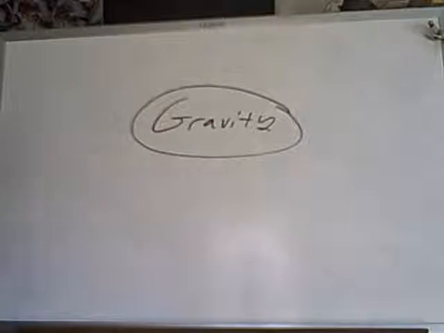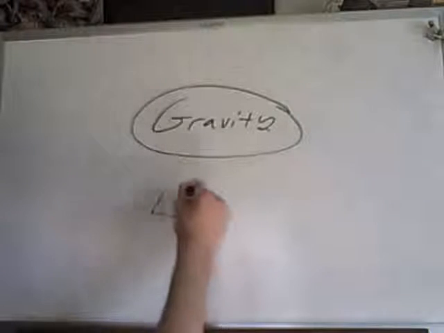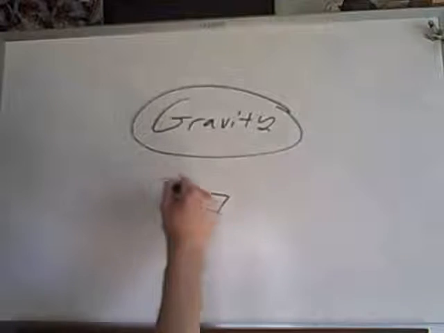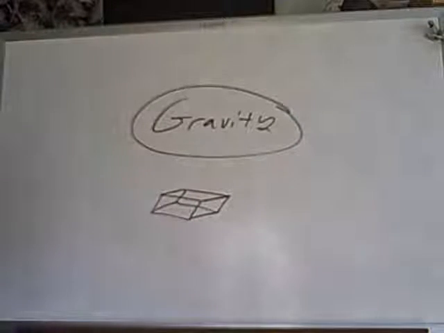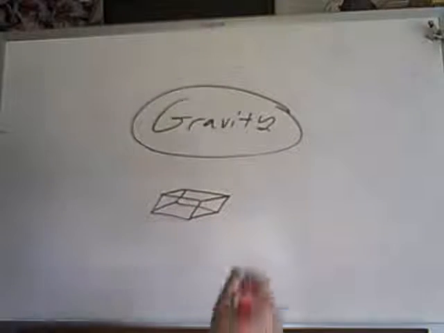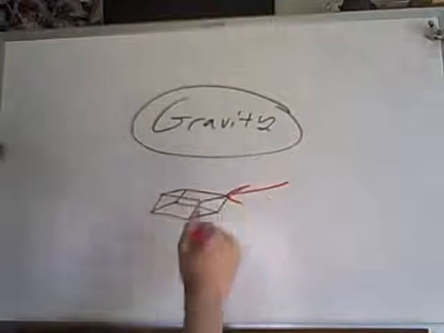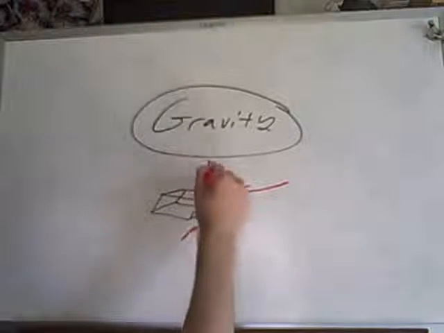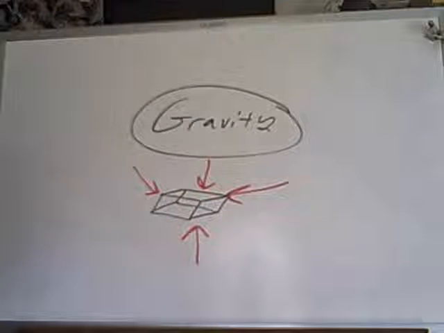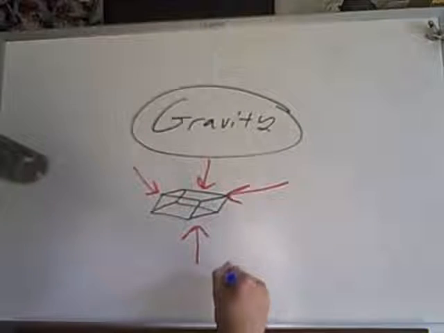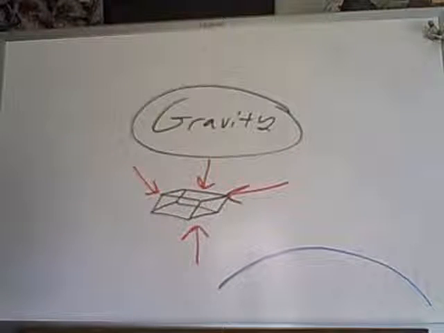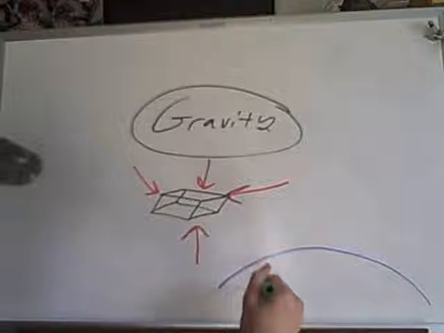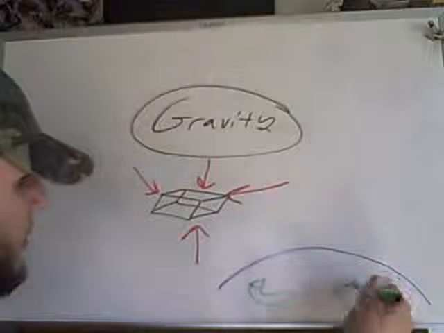Now what gravity does, if we have an object, then the forces of gravity will pull other objects toward it. So, with the Earth, it is a very, very big thing. And so it has a lot of gravity.